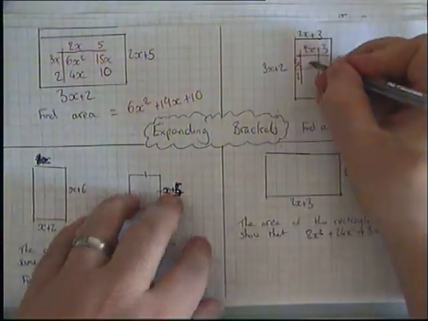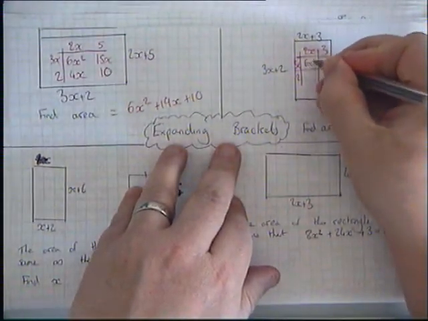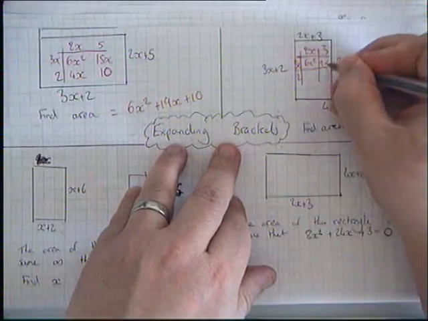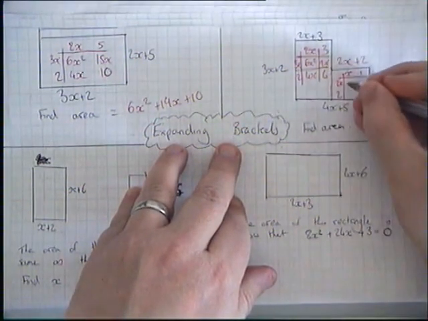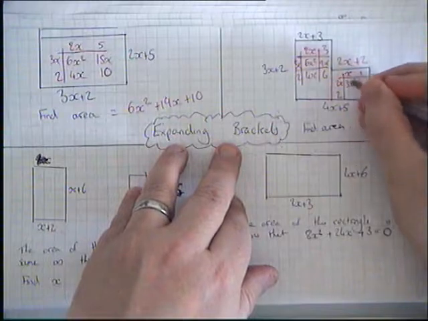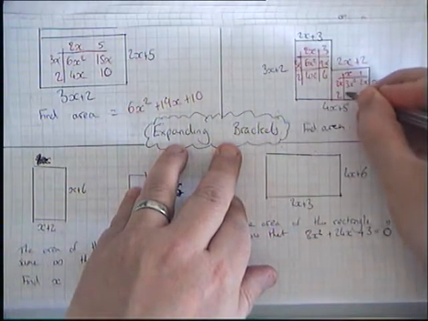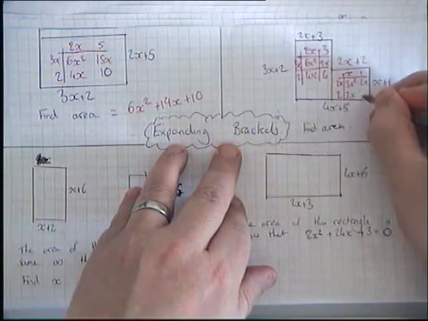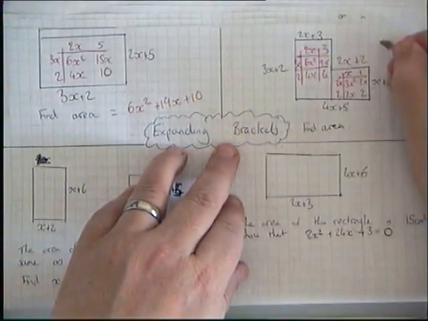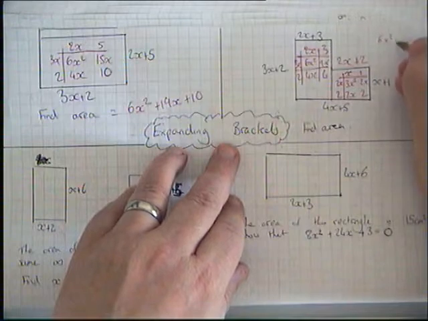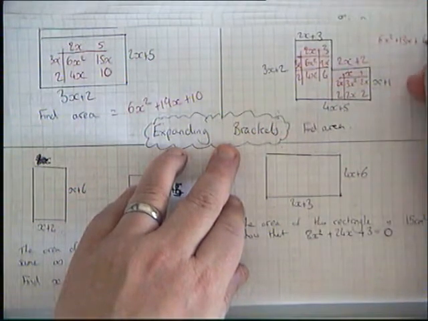So I'm going to expand both of these bits. So that'll be 6x squared, 9x, 4x, and 6. If I do these ones as well, I've got 3x squared, 2x, 2x, and 2. So overall, for this top one, I've got 6x squared, add 13x, add 6.